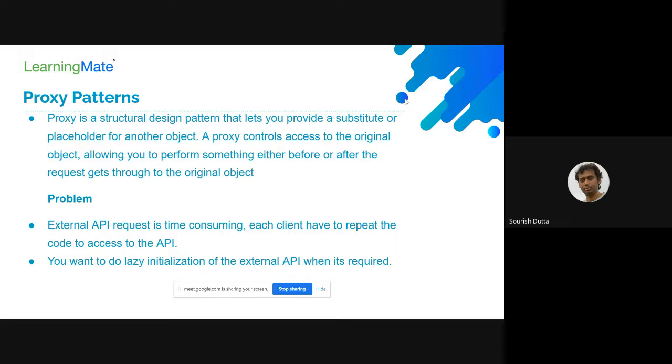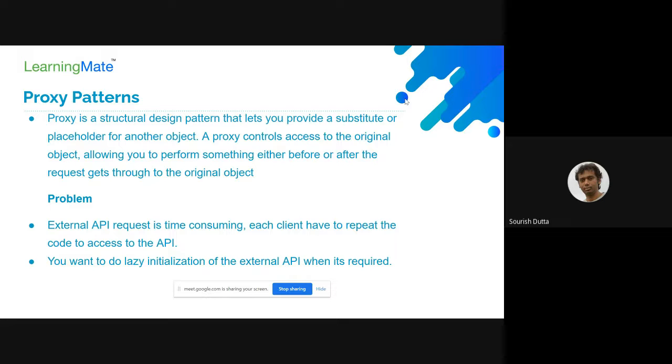So you can create a database connection proxy object, which will control how the connection can be opened, closed, or how against the connection I can create or execute the query. So all the clients are not going to access the JDBC connection directly, rather they are going to go via the JDBC proxy connection for that particular database activity, or calling the external API.